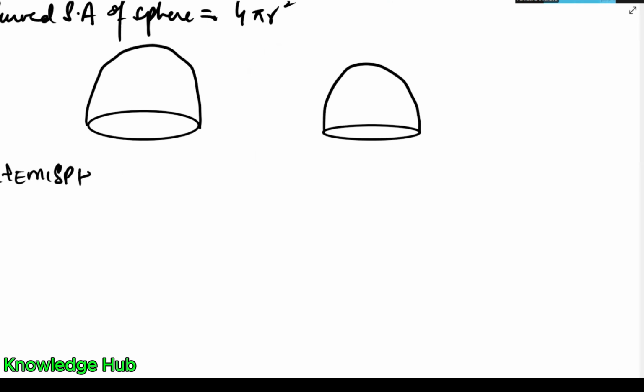This is a hemisphere. It is half of a sphere. We have two types here. First is the solid one, and the other is the hollow one.